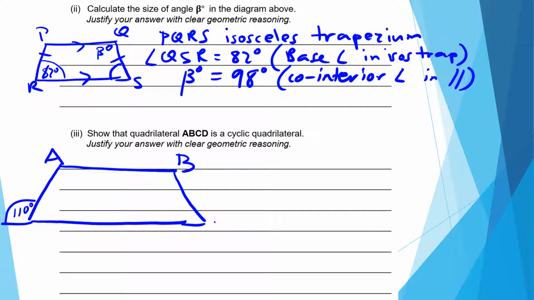So that would mean that angle ACD, this one in here, must be 70 degrees, because the angles on the line add to 180.